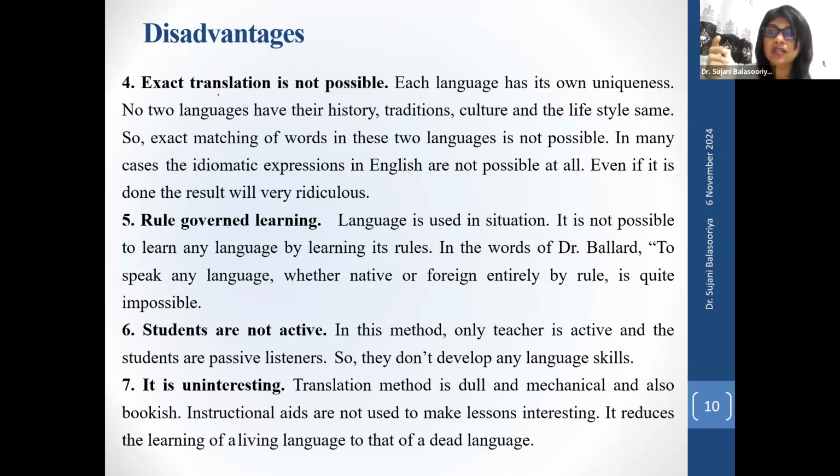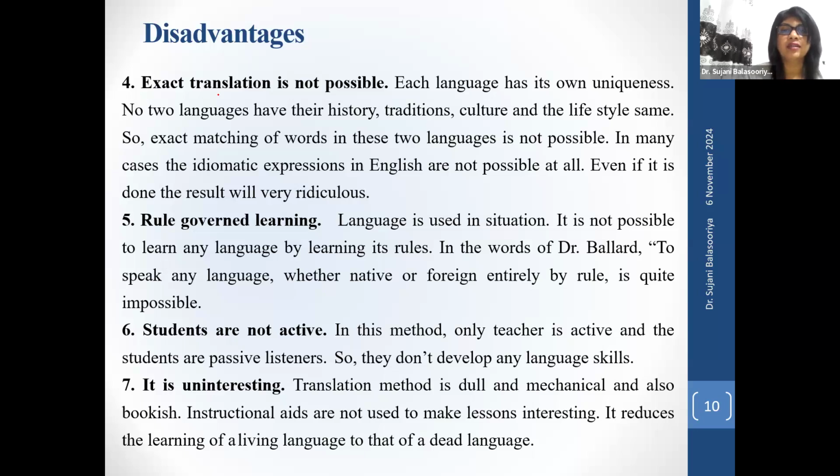Sometimes, not even learners, right? But even a person who knows both languages, both cultures, might find it difficult to translate, because certain words and certain concepts available in one language may not be available in another language. Sometimes in the target language, you may never find the exact or equivalent word because that concept is not available in the target language. Then what to do?